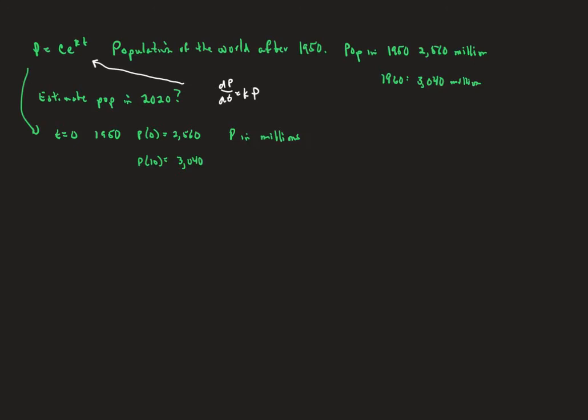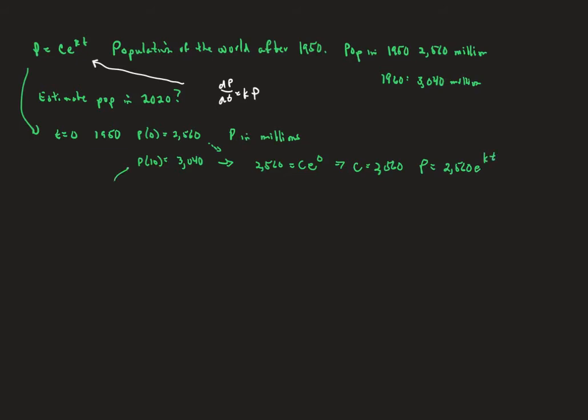Using the first initial condition, 2,560 equals Ce to the 0, so C is 2,560, which makes our population so far 2,560e to the kt.